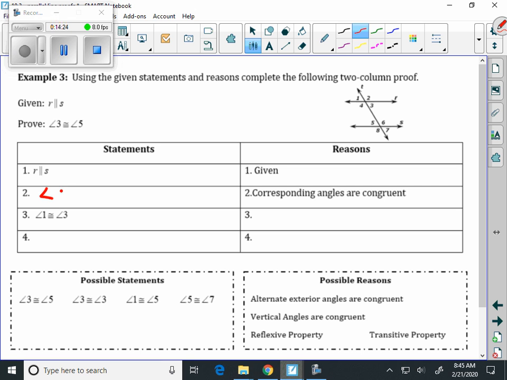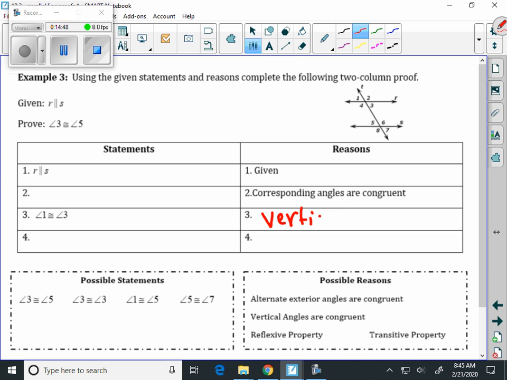Angle 3 is congruent. We need to make angle 3 congruent. Ooh, I can't pick angle 3 because look what I did on that next one. So if we look at our next statement here, it says angle 1 is congruent to angle 3, and let's fill that one in. Go back up there and look, angle 1 is congruent to angle 3.